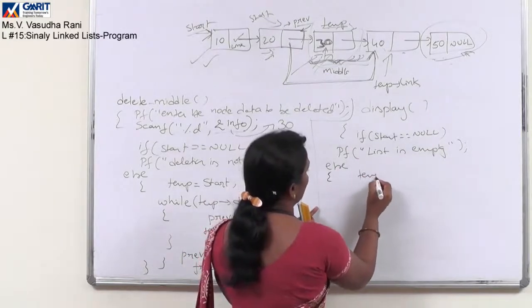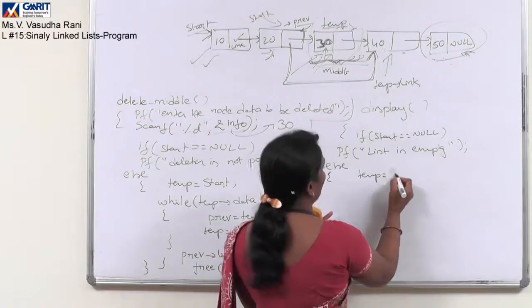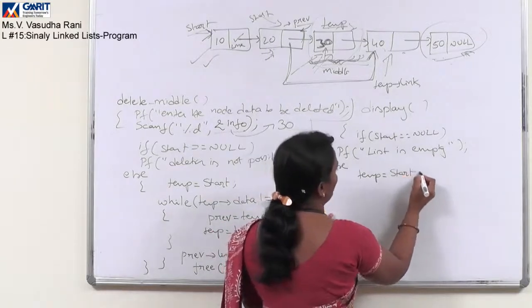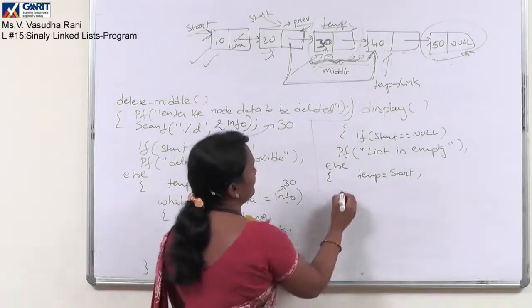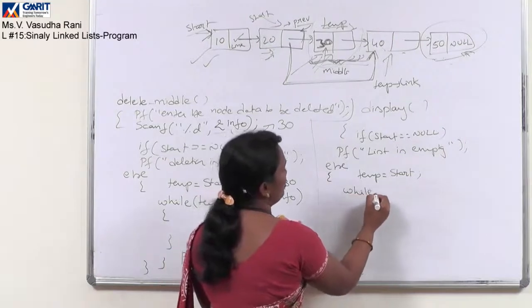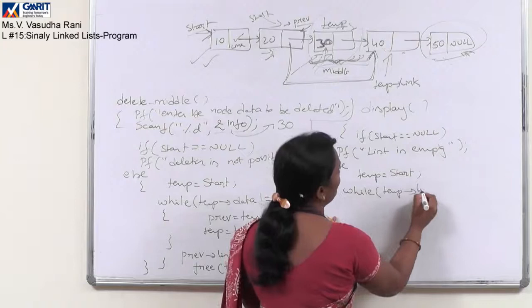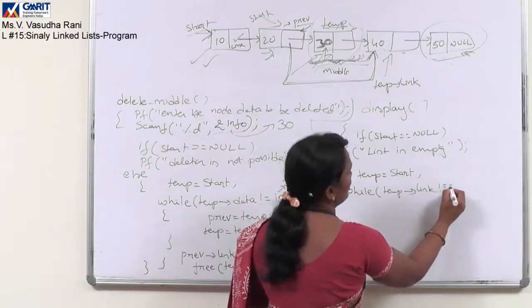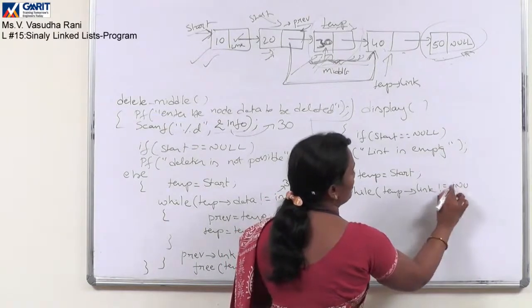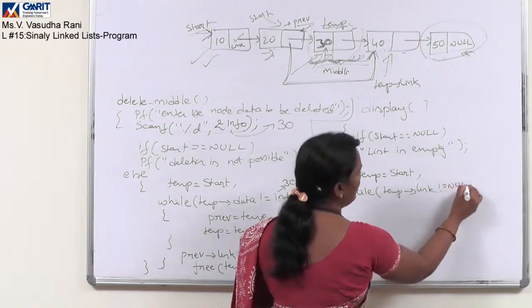It is your temp pointer, temp equal to start, and for traversing the whole list, while temp link is not equal to null.